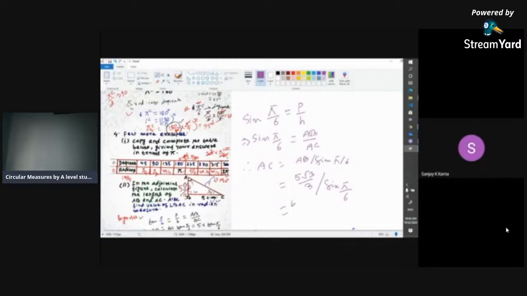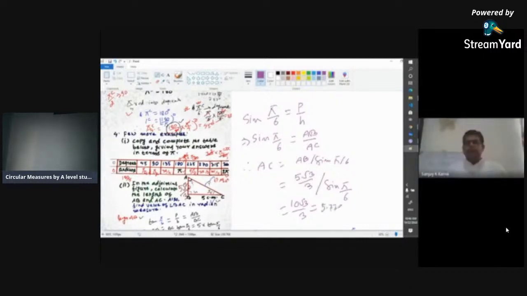If you would like to convert that into decimal form correct to 3 or 4 significant figures as required by the question, then it is 5.77 centimeter up to 3 significant figures. So if you change the method, the answer should not change.